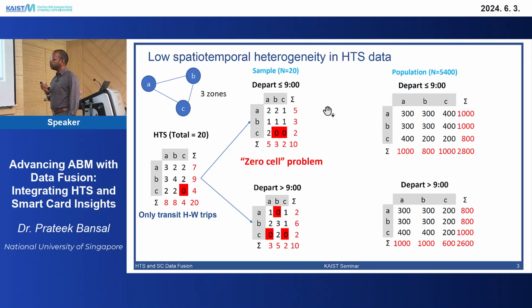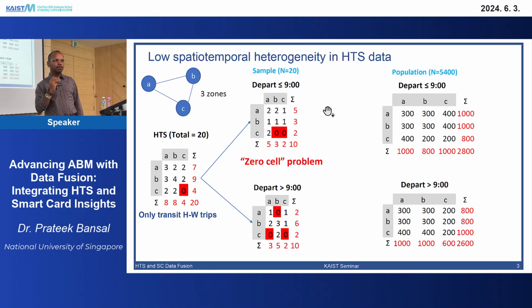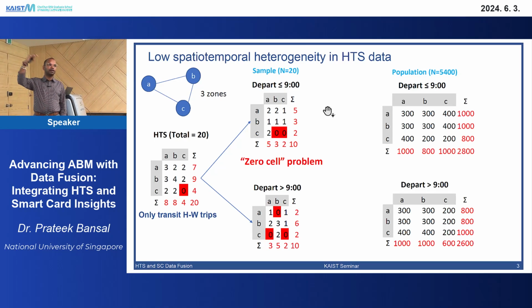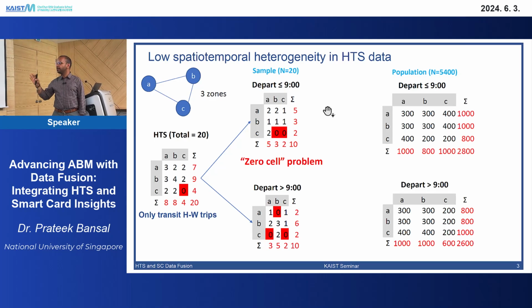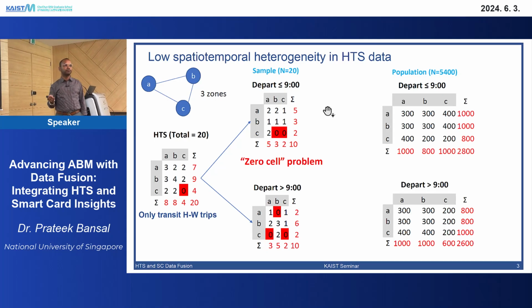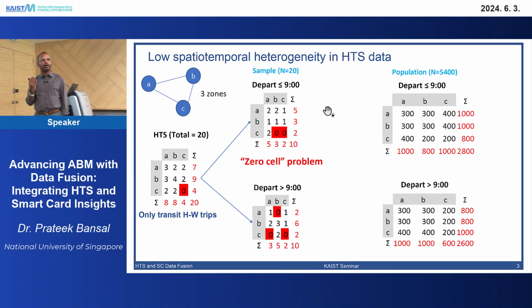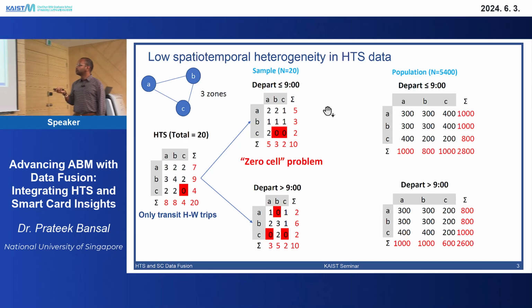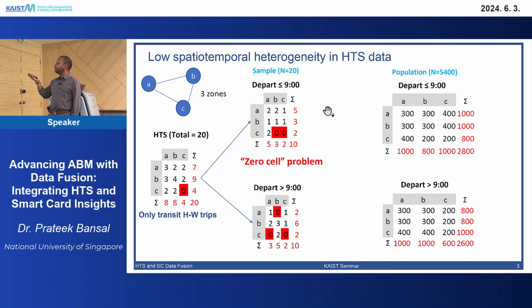This is because household travel survey data sets match the marginal distribution of the demographics with the true population. It doesn't match the spatial or the temporal distribution that you observe in the population. It's impossible to do that because even matching the marginal distribution of the demographics is very difficult in the HTS data.